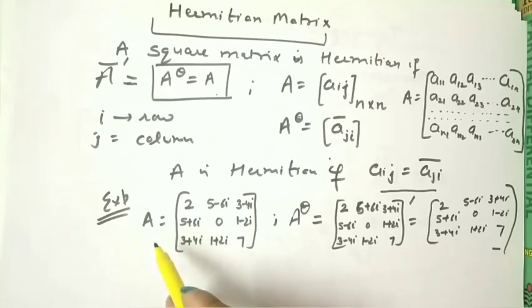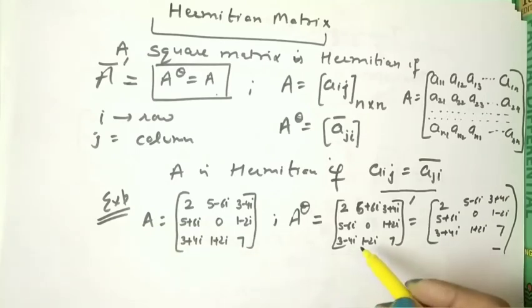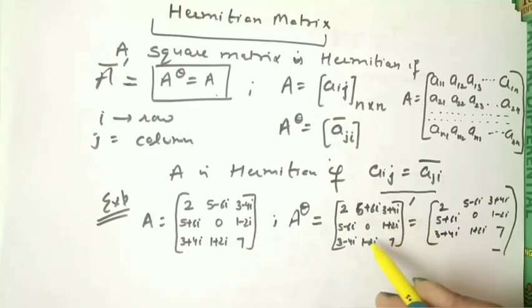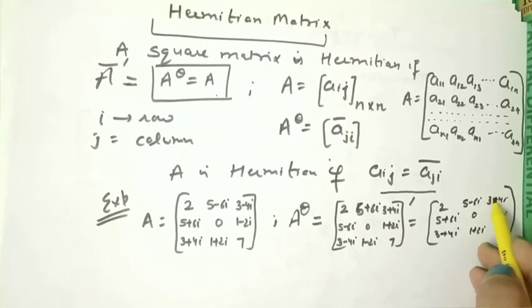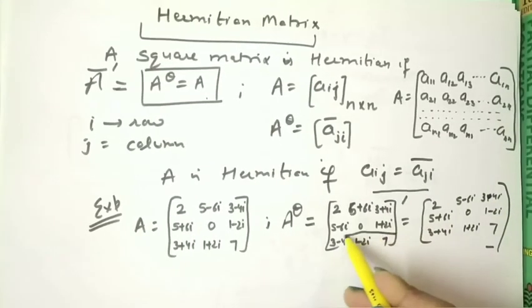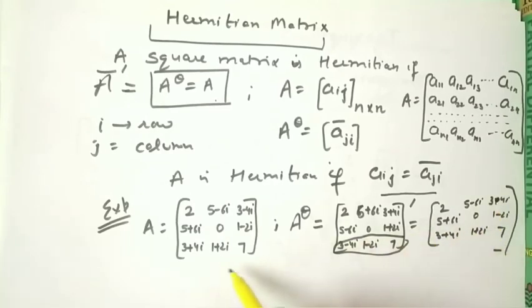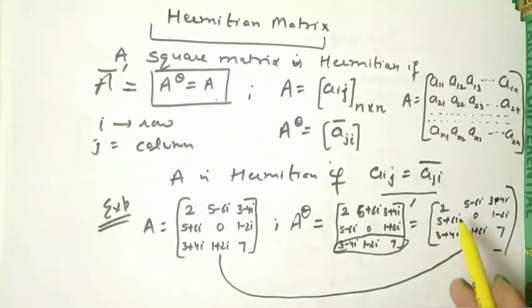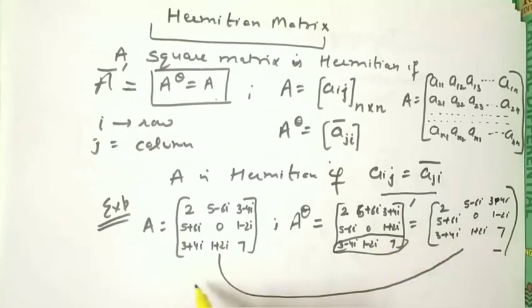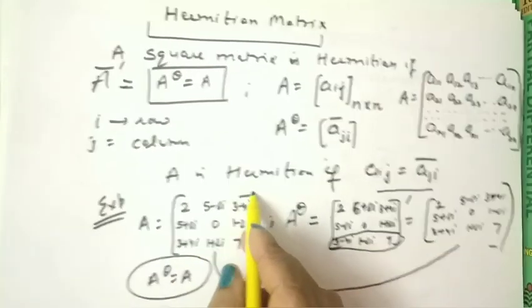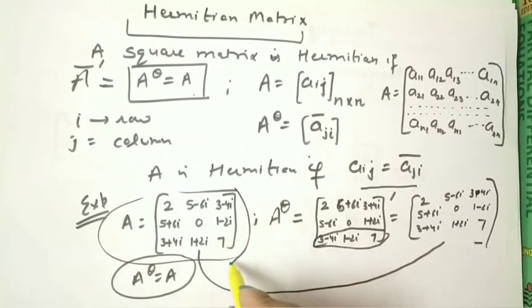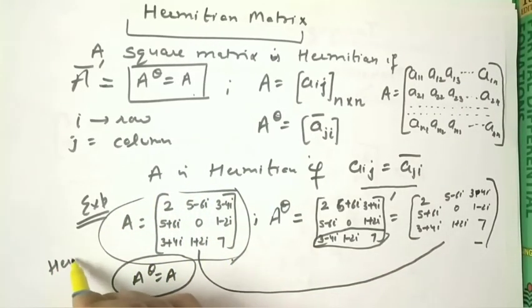Look at this. It is minus here because the third row, which we have to write like a column, is 3 minus 4 iota. So you can compare these two, which are exactly the same. So we deduce that A theta is A. That means this matrix is Hermitian. This is a Hermitian matrix.